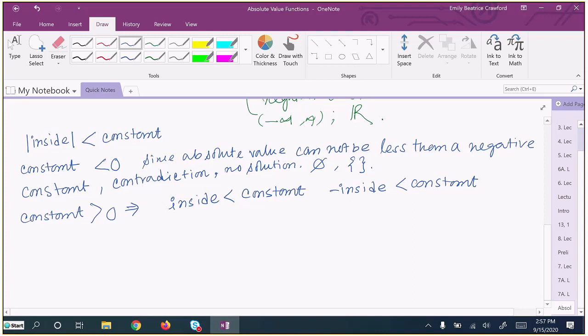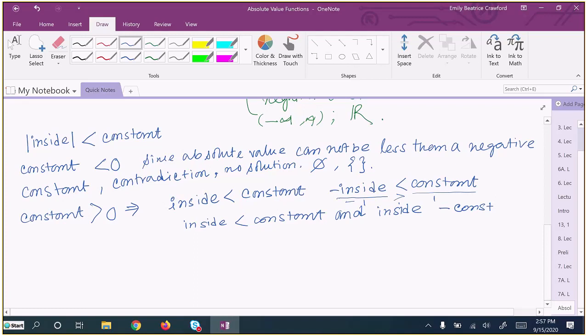Absolute value of inside is either inside or negative inside. So what does that tell me? It tells me I get inside of the absolute value less than the constant, and inside of the absolute value less than negative of the constant. Actually it should be greater than. And again, remember, this is the same argument that we saw for the greater than or equal to case. If you divide both sides by -1, then the inequality sign changes to a greater than sign.